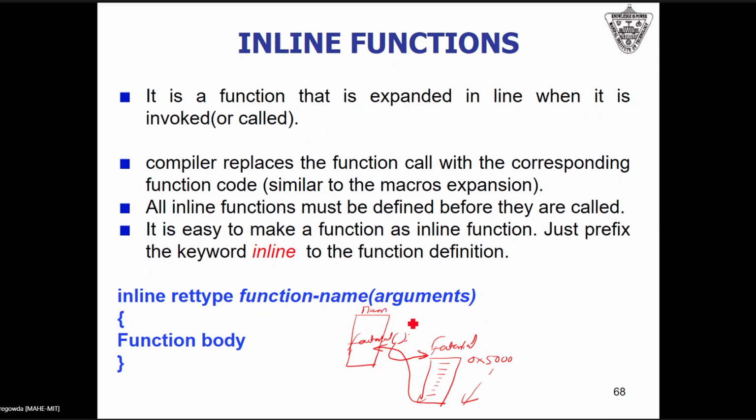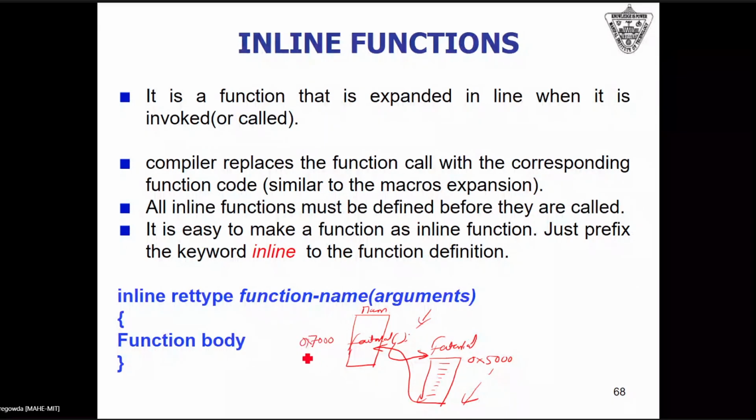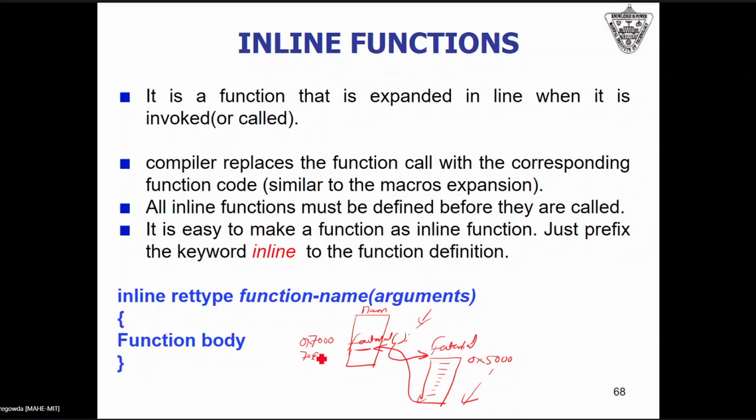So one of the drawbacks in the case of this kind of function is that whenever you invoke a function, the compiler needs to remember the return address of the program. Say for example, if the function call statement is stored at 7000, the next statement after the function call statement may be located at 7002.